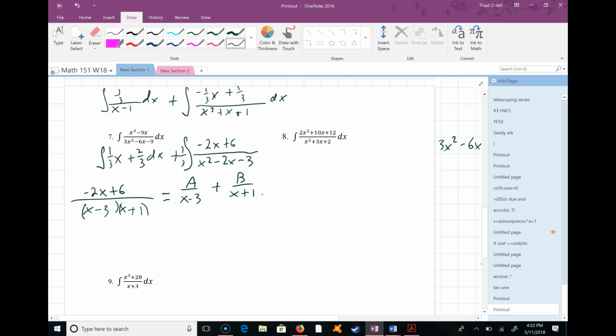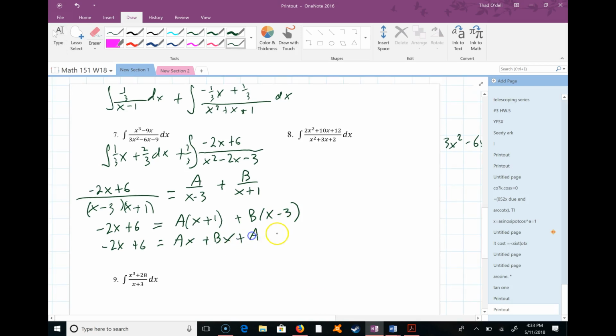If we multiply everything by the common denominator, we get negative 2x plus 6 is equal to A times x plus 1 plus B times x minus 3. And we get negative 2x plus 6 is equal to Ax plus Bx plus A minus 3B.